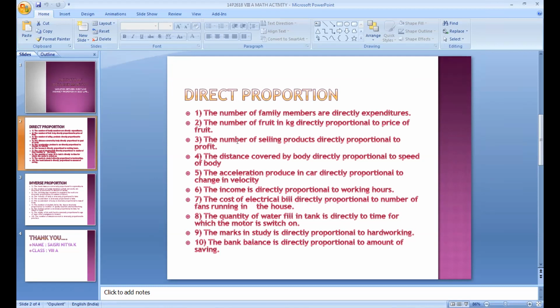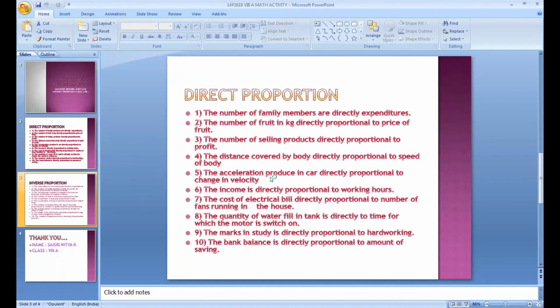The income is directly proportional to working hours. The cost of the electrical bill is directly proportional to the number of fans running in the house. The quantity of water filled in a tank is directly proportional to the time for which the motor is switched on. The marks in study are directly proportional to hard work. The bank balance is directly proportional to the amount of saving.